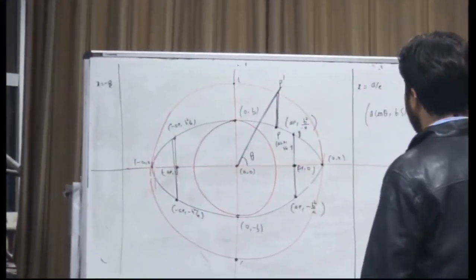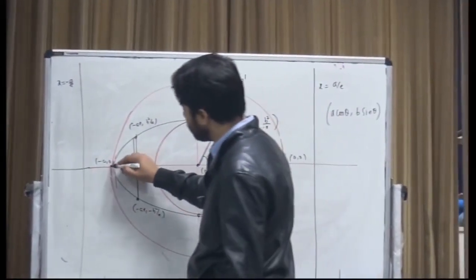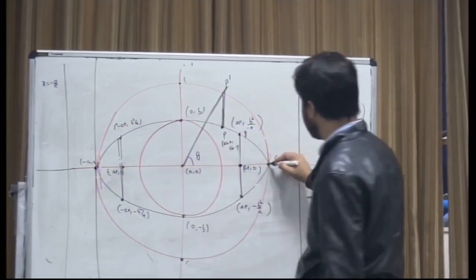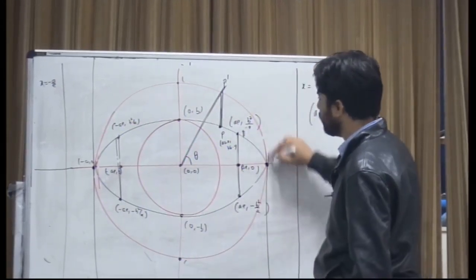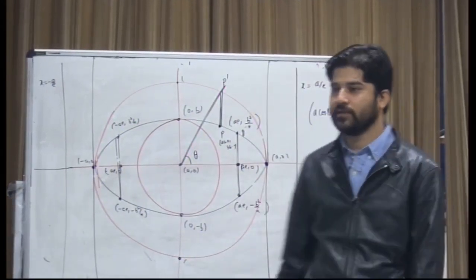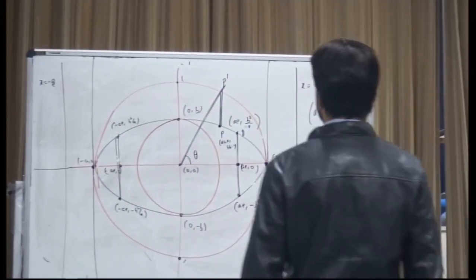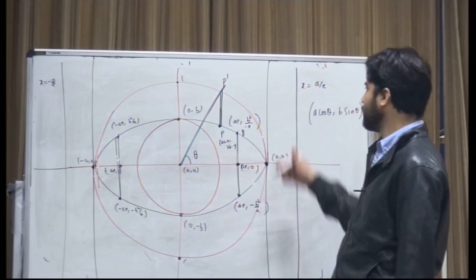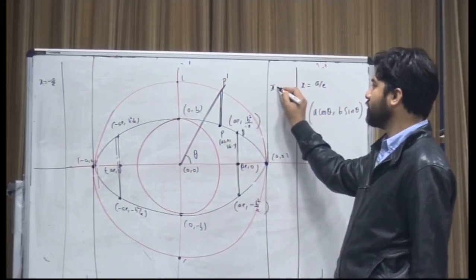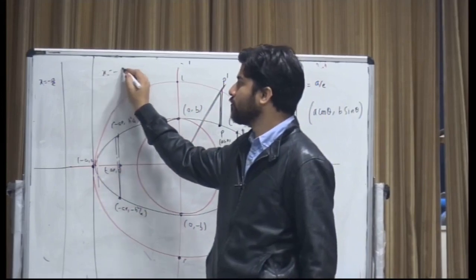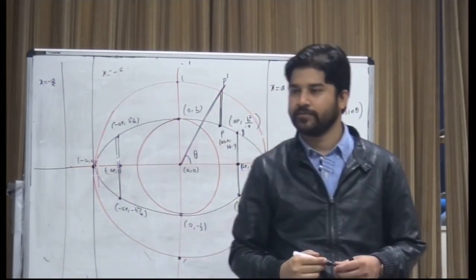Right? Okay. And this is one tangent at vertex. है ना? What should be the equation of this tangent, which is vertex, tangent at vertices? X is equal to minus a. Right? Okay.